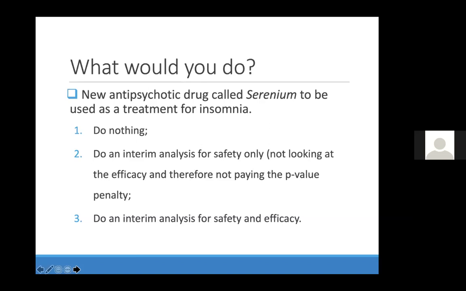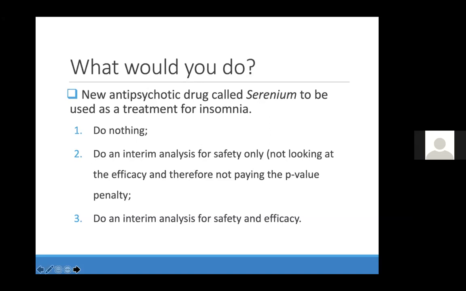Hi. If I were the professor, I would choose three points. Because I think doing an interim analysis may increase the success of the clinical trial and make the study more efficient.